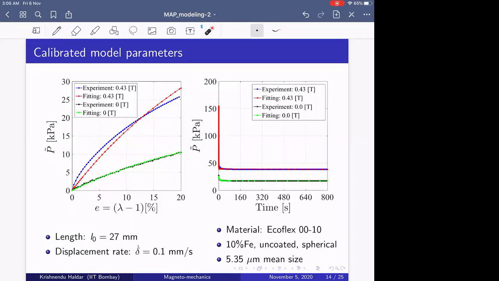Then you switch on your magnetic field, 0.43 Tesla applied. As you have your corrected magnetization response, you have a way to connect the applied magnetic field to the actual magnetic field inside the material, and you get your magneto-viscous parameters. And then we are done.